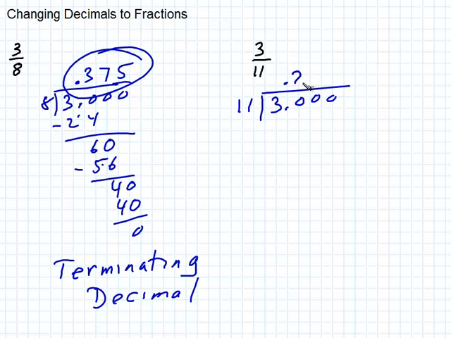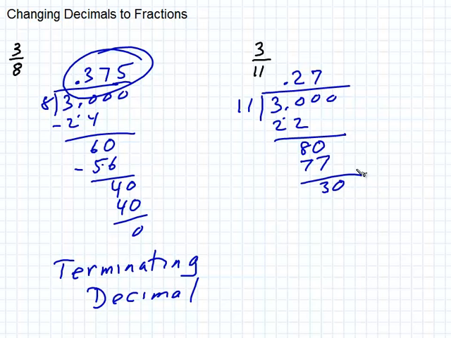That's too big, so better use a 2. 2 times 11 is 22. 8 and 2 is 10. Carry the 1 to the bottom. And notice the 8 is smaller than 11. So we did that one right. Bring down the 0. 7 times 11 is 77. And 7 and 3 is 10. Carry the 1, and that works out.